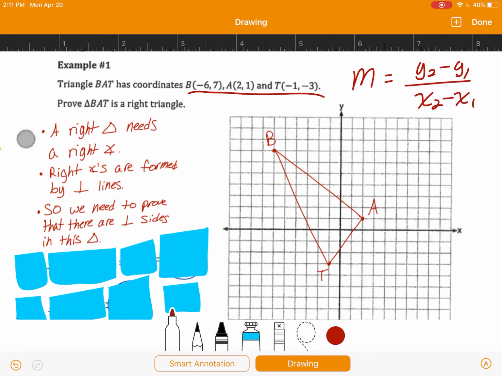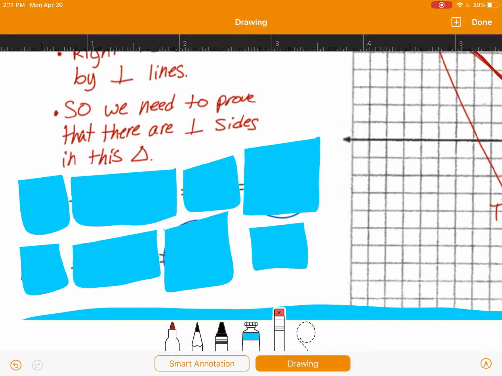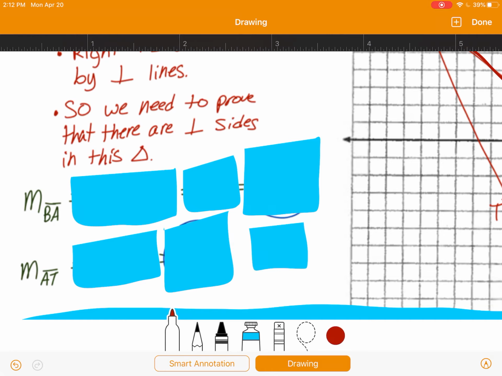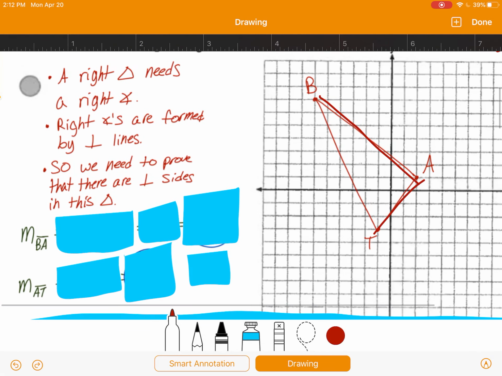So we're going to use BA and AT, and we'll do x1, y1, x2, y2 for BA, and then we'll do the same thing for AT, and you can do x1, y1, and x2, y2 for those 2 points, and plug them into the slope formula, and we'll compare them. When I do the slope formula, I'm going to put the sides that I'm using in the subscript, so that way we can tell which one is which to make it a little bit easier to compare.